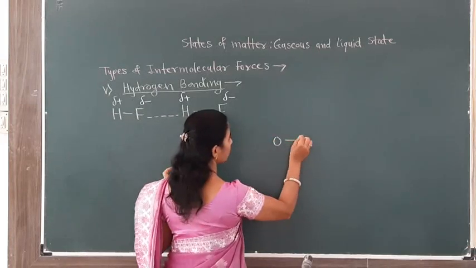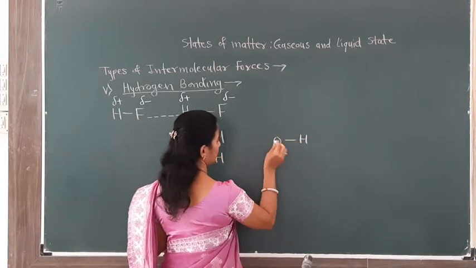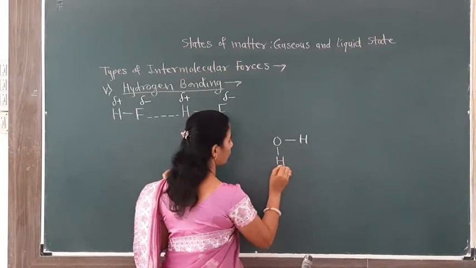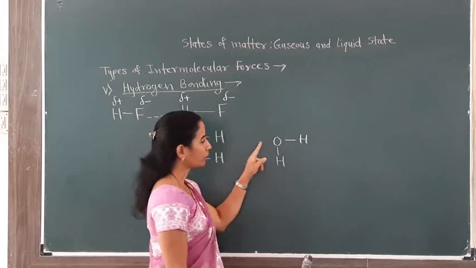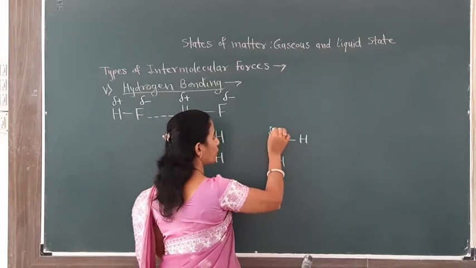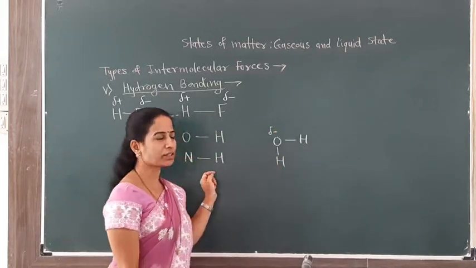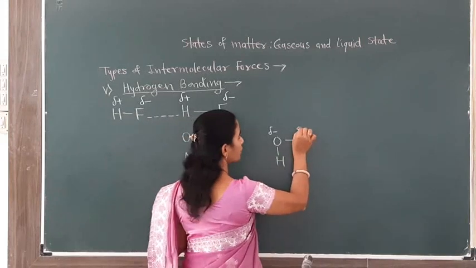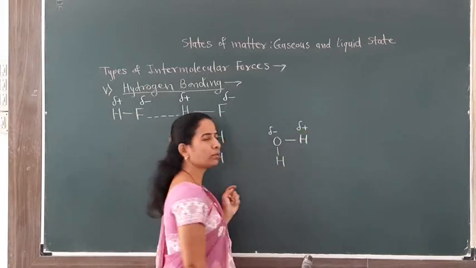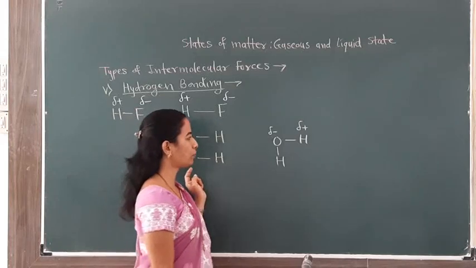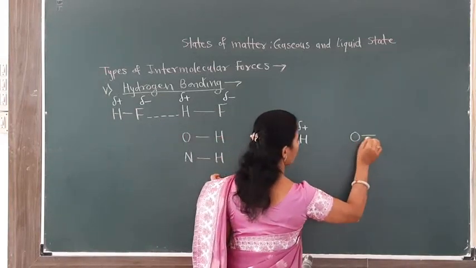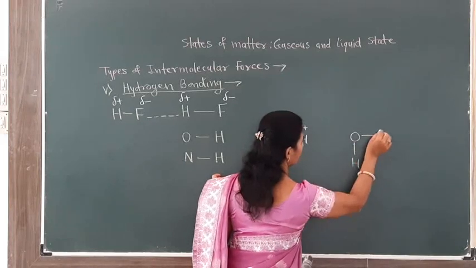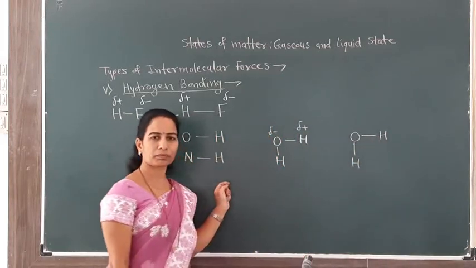Now, let us see the example of water. You know the molecular formula of water, that is H2O. Here, oxygen is more electronegative, so it acquires a partial negative charge. The hydrogen atom is less electronegative, therefore it acquires a slight positive charge. Now, when this water molecule comes in contact with another water molecule, what happens?